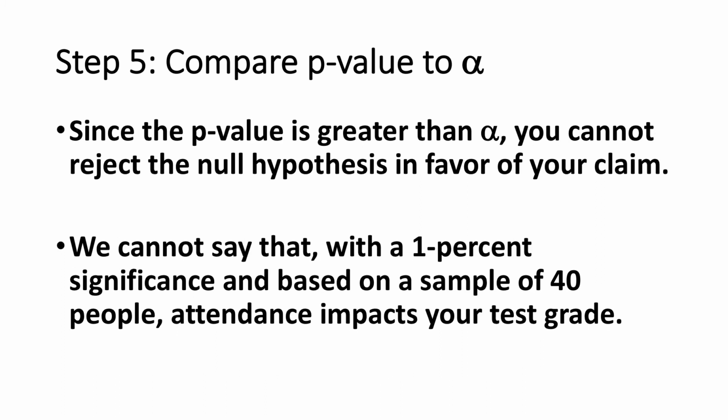And because this p-value is greater than alpha, we cannot reject the null hypothesis in favor of our claim. In other words, we cannot say that with a 1% significance and based on our sample of 40 people, that attendance impacts your test grade. In other words, there was not strong evidence suggesting that the number of times you go to class has an impact on your test score.